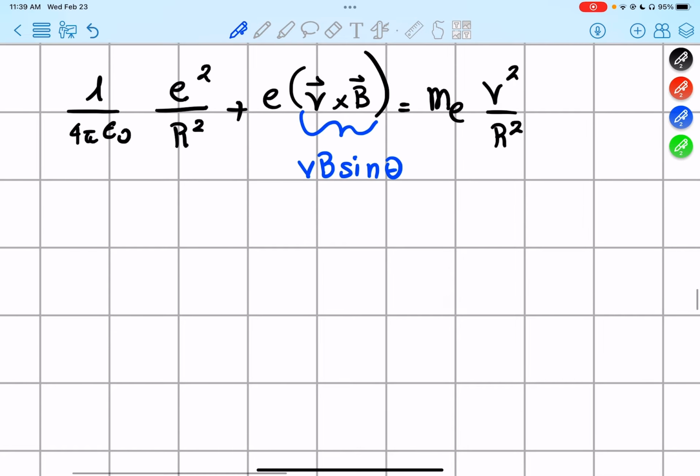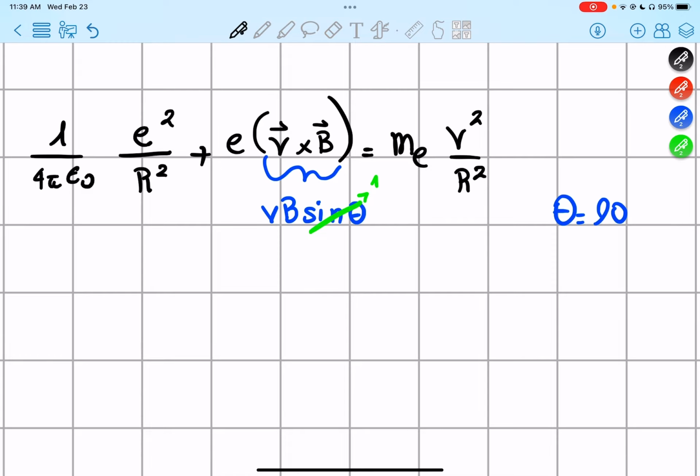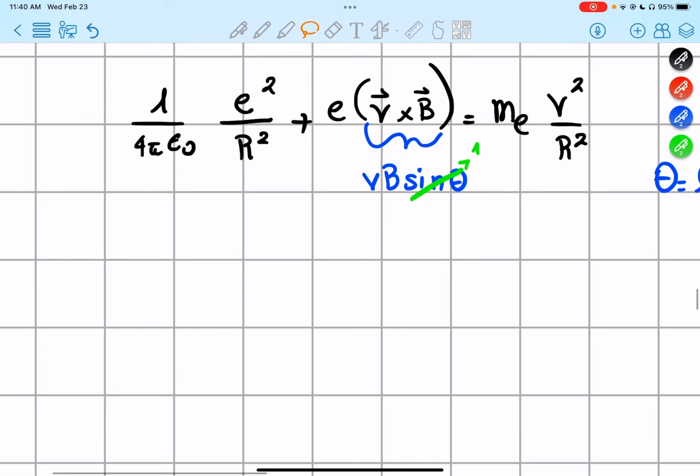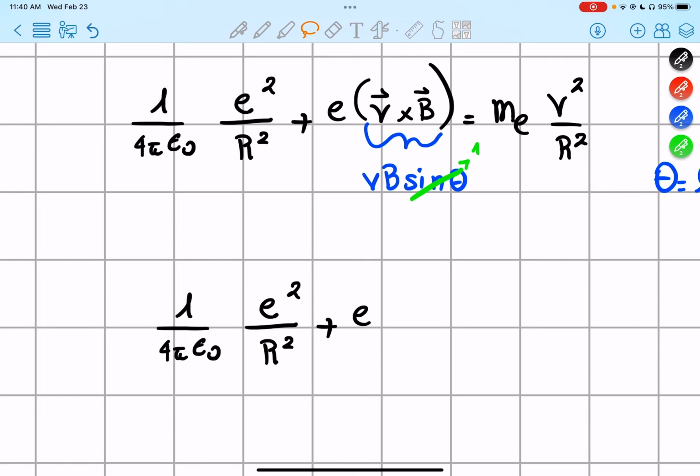So in order to make things easier, the book says to imagine that the angle theta is equal to 90, so this part here can be said to be equal to 1. So we get the left side to be equal to, let me just copy this over here, and then VB is equal to the mass of the electron times the velocity squared over the radius squared.